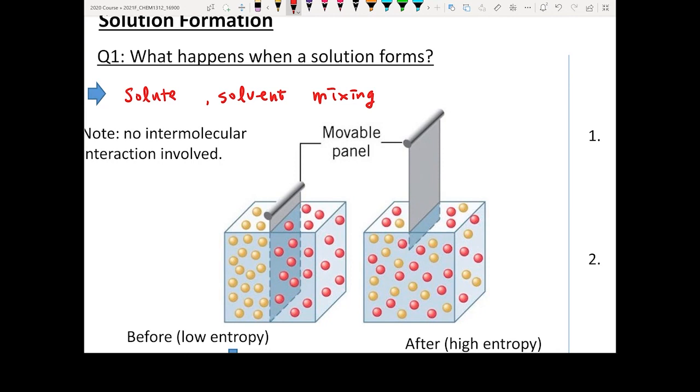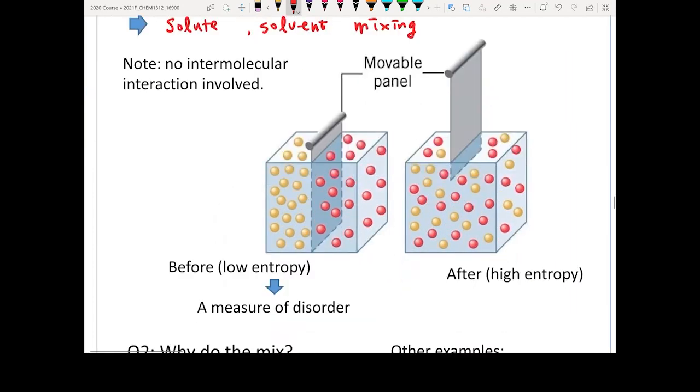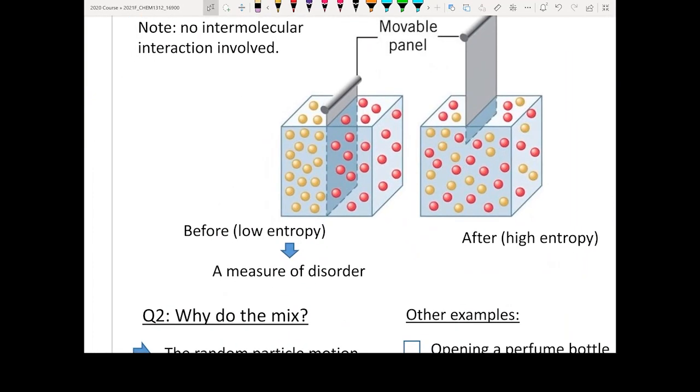At the current stage, let's assume that these two substances don't interact, just for now. One of the best examples is mixing two gas molecules together, for example, oxygen and nitrogen.